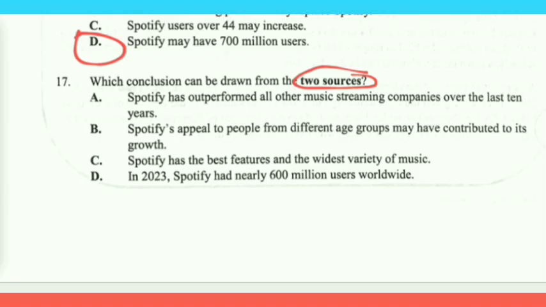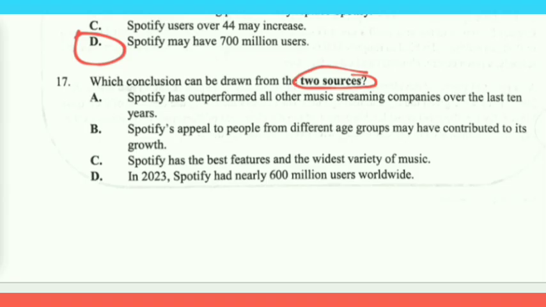D says in 2023, Spotify had nearly 600 million users worldwide. That could be true for source 2, because we see that they have 574 million, which is close to 600 million.